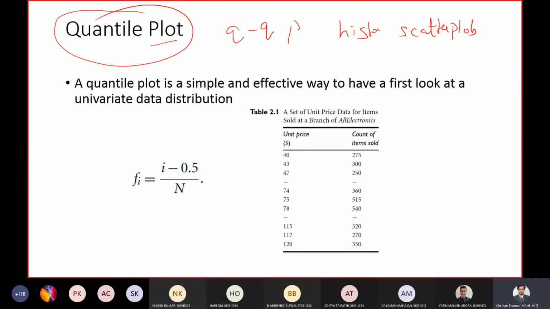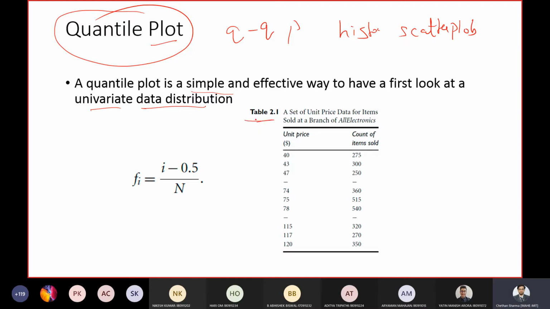The first is your quantile plot. So a quantile plot, as the slide itself tells, is the most simple and effective way to have a look at the data distribution, especially if the data is univariate in nature. One example is given here.